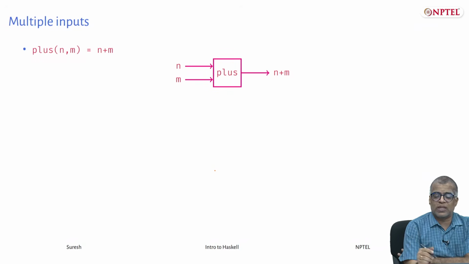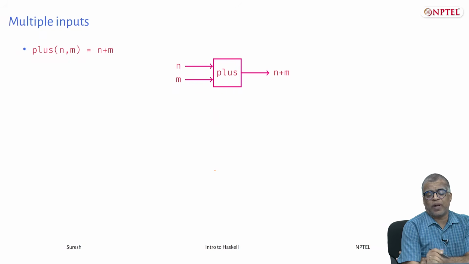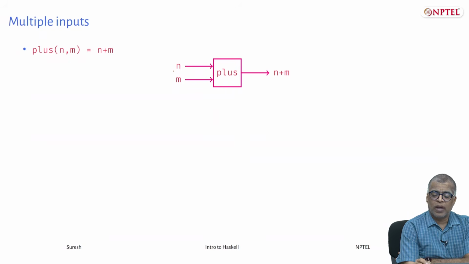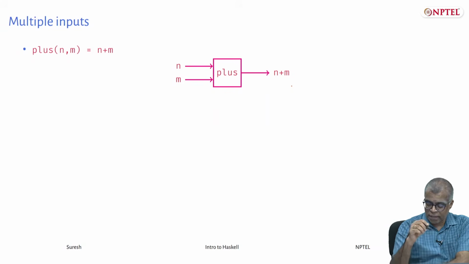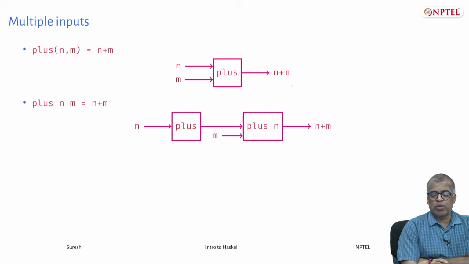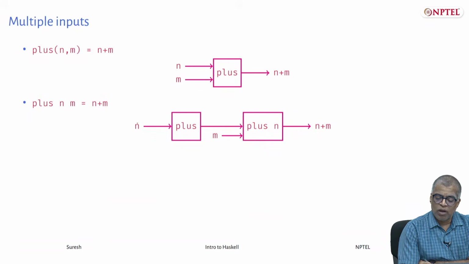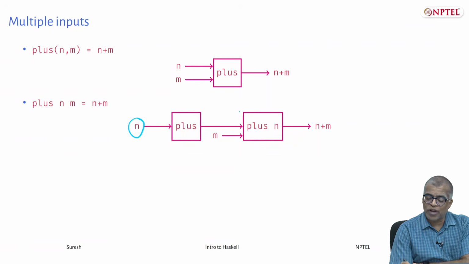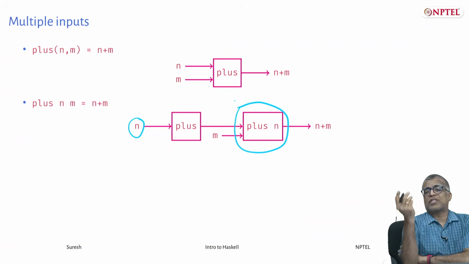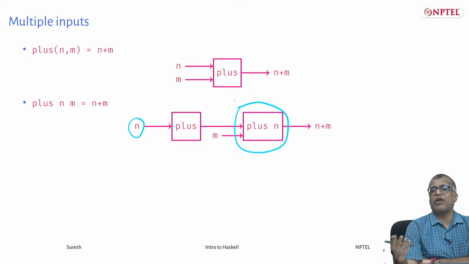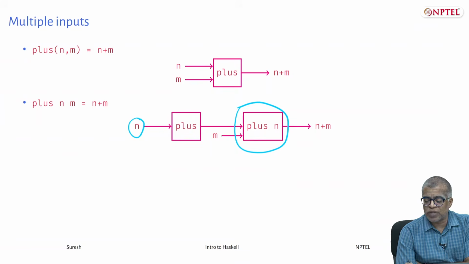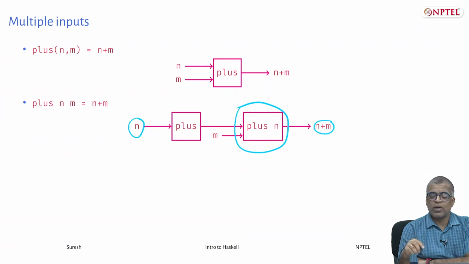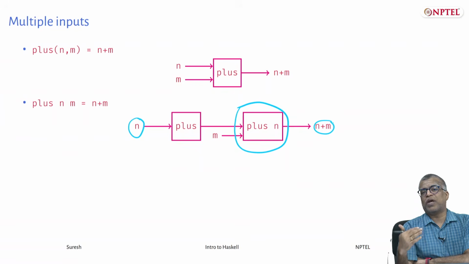So, just to illustrate this, normally you can think of plus as a function which takes two inputs n here and m here and produces an output n plus m, but in Haskell you would think of plus as a function that takes one input and produces a function plus n. What is plus n? Plus n is something that adds n to every input it receives. So, it receives an input m and it adds n to m. Okay. So, this is the default behavior in Haskell.